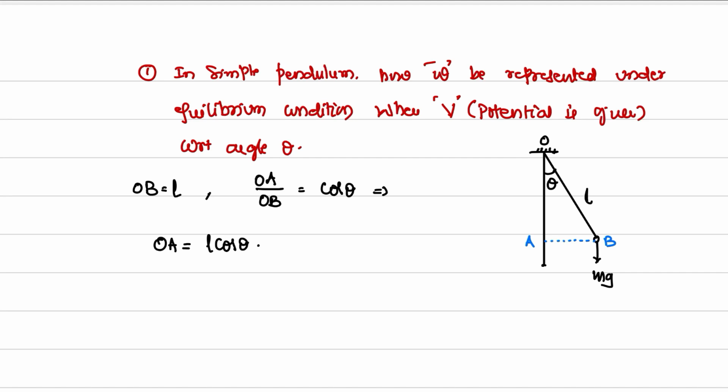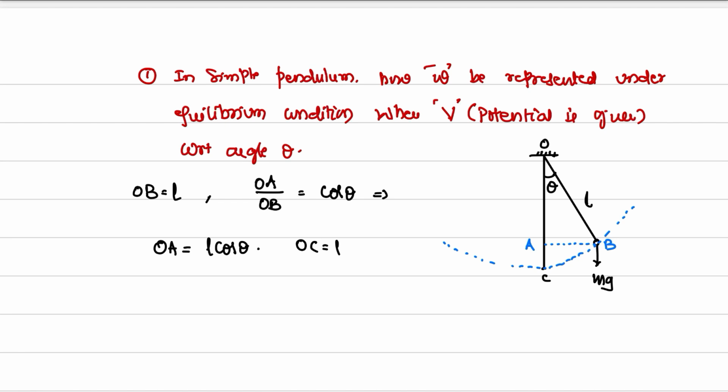This total distance, because it is a circular path, it is making a vertical oscillation. When this is L, OA is equal to L, then let us say it is C. OC is equal to L. Then what is AC?